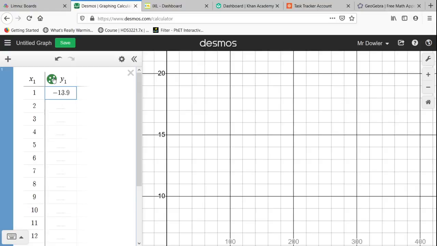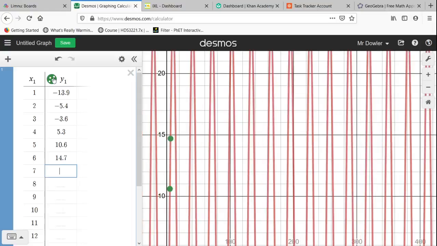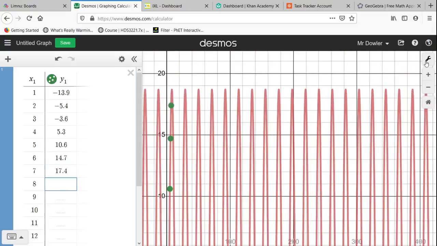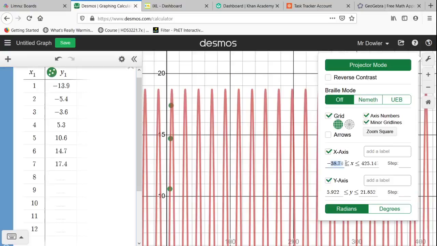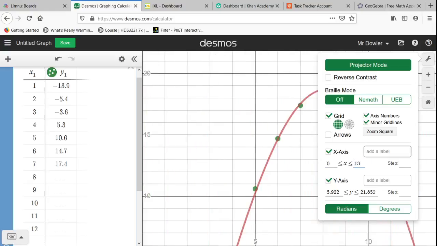And then our temperature is negative 13.9, negative 5.4, 6, 14.7, 17.4. We see we're getting some data here. So let's make our x-axis cover just that year.